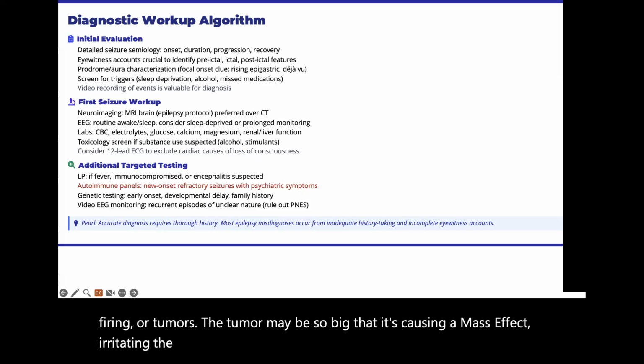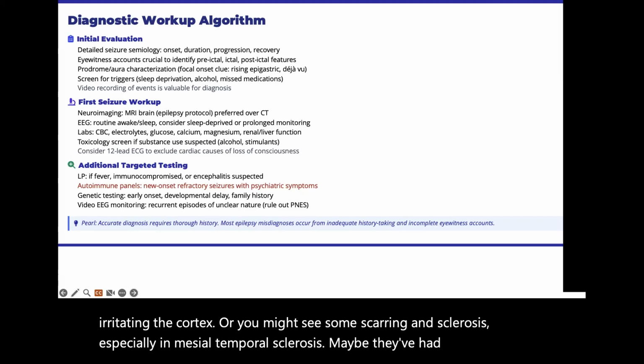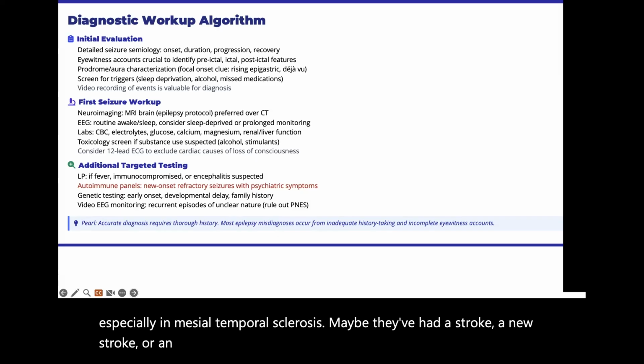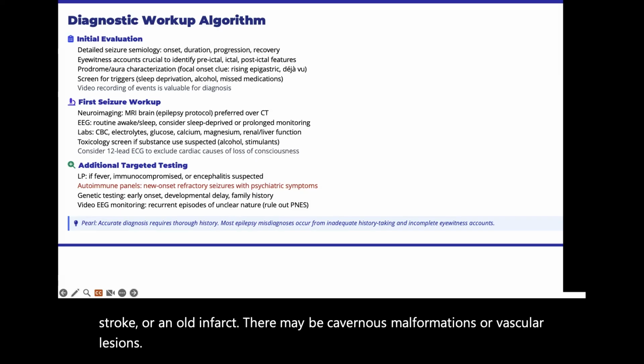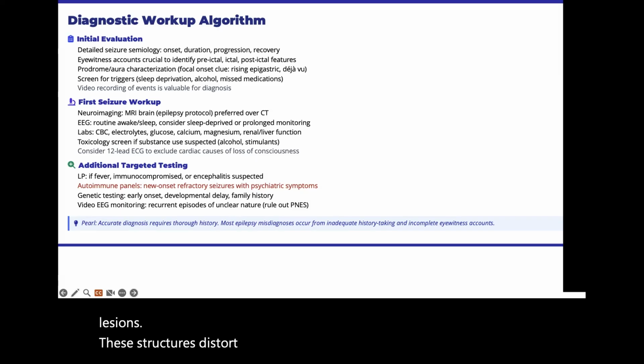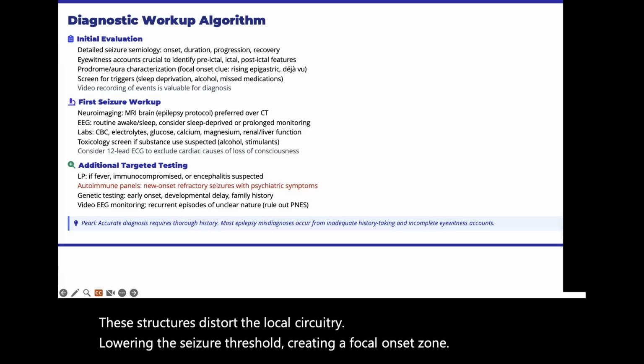Or you might see some scarring and sclerosis, especially mesial temporal sclerosis. Maybe they've had a stroke, a new stroke, or an old infarct. There may be cavernous malformations or vascular lesions. These structures distort the local circuitry, lowering the seizure threshold, creating a focal onset zone.